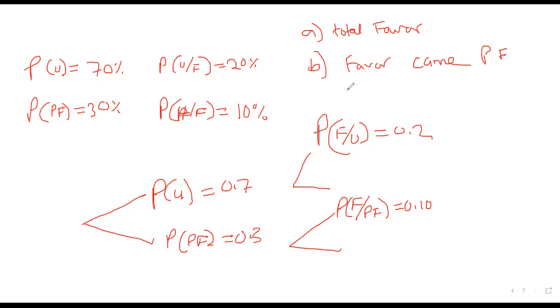Mr. Collins, I have a question. The way you've written UPND given favor 20% and then favor given UPND is just the same thing? This is wrong. It's not the same thing. It's supposed to be favor coming from UPND. Thank you for noting that. This is favor coming from PF.